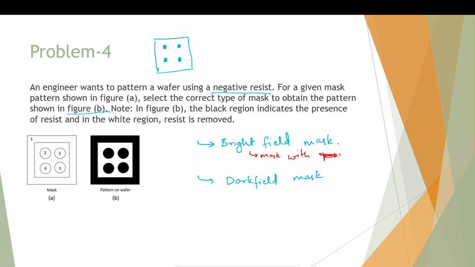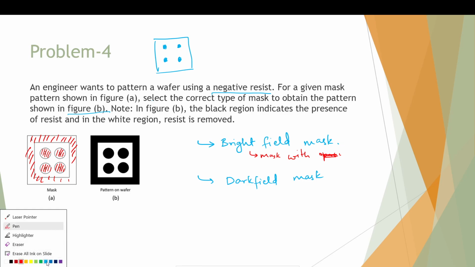Either the chrome can be in these regions, in the blue regions, so those parts will be opaque, or the chrome can be in the remaining region, the red region.